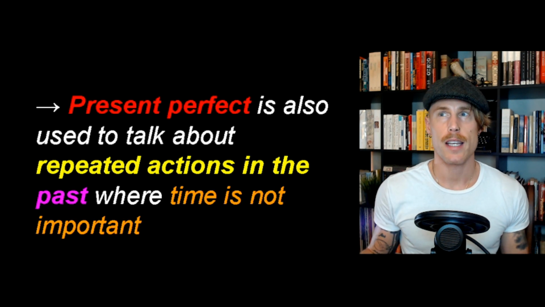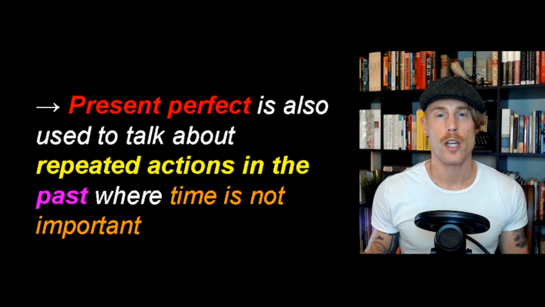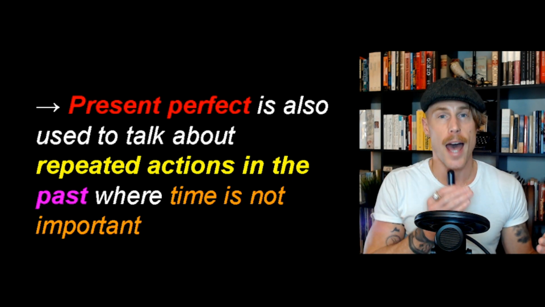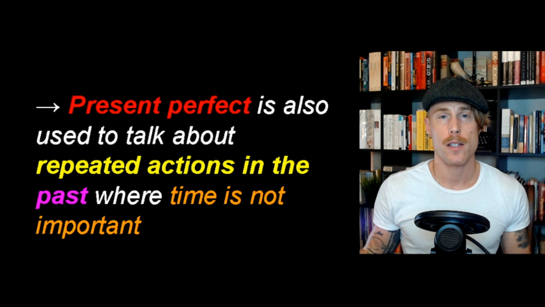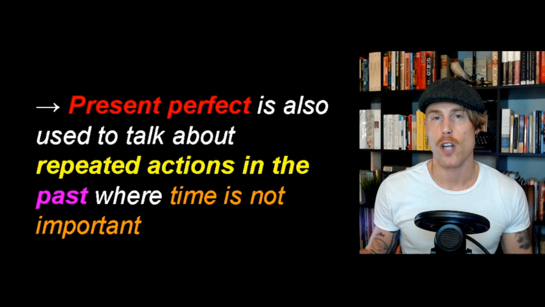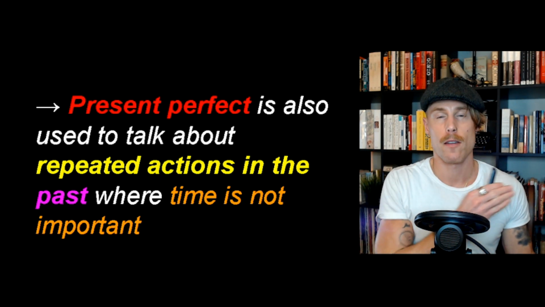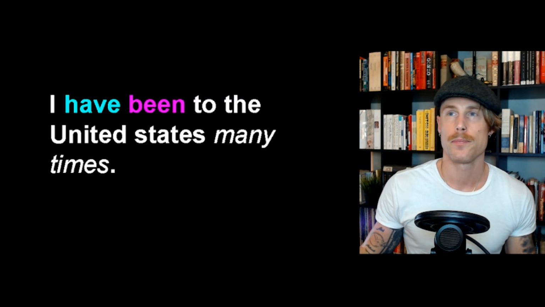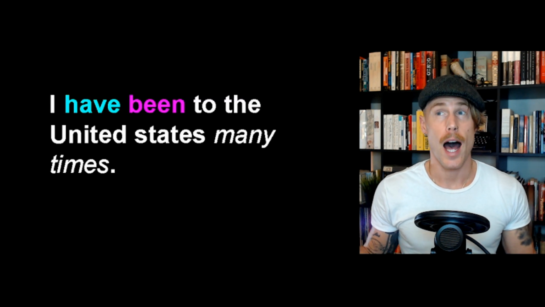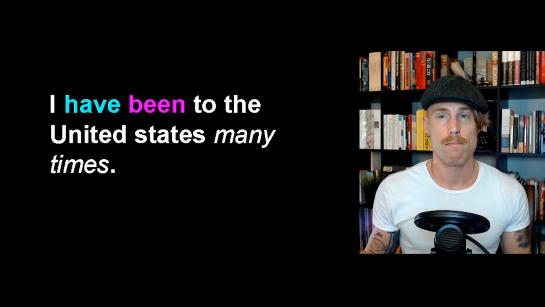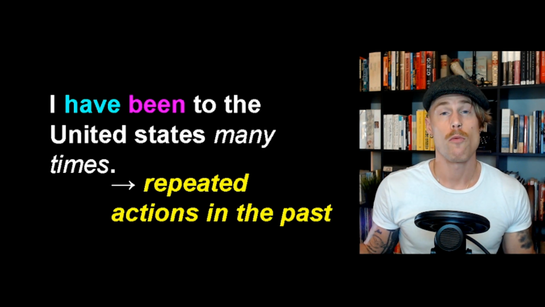Present perfect is also used to talk about repeated actions in the past where time is not important. Actions that happen again and again, many times. For example, I have been to the United States many times. Repeated actions in the past.